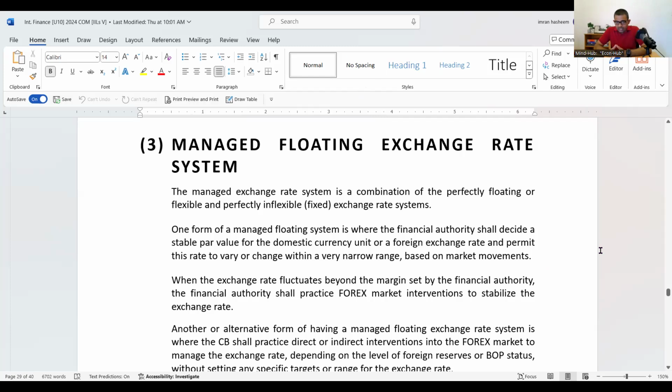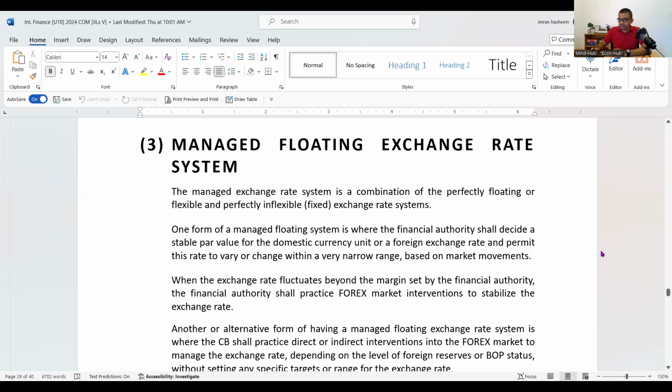They will determine the value, and you allow it to change based on demand and supply within a very narrow range based on market movements. When the exchange rate fluctuates beyond the margin set by the financial authority, meaning the central bank, the central bank shall practice forex market interventions to stabilize the exchange rate.